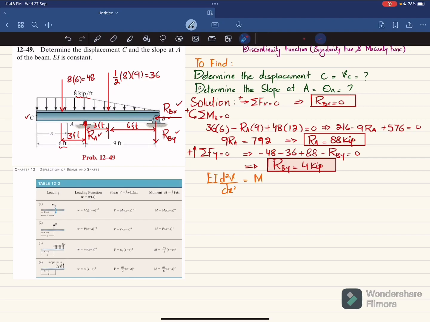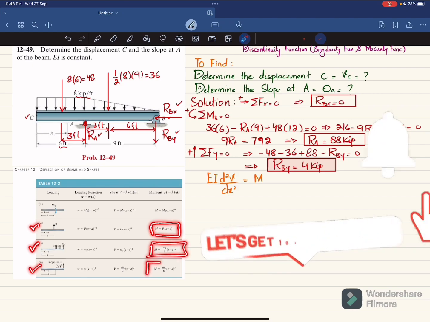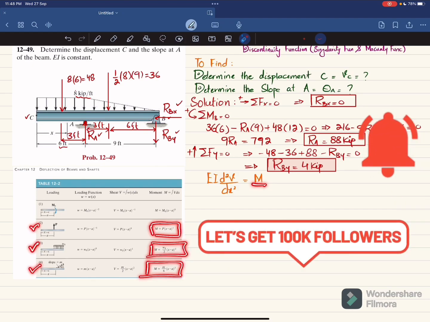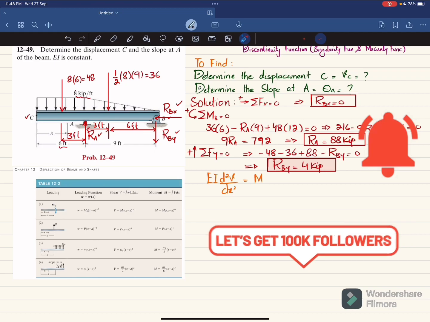You can see that this beam has a uniformly distributed load, then a triangular load, then a point load. So it's a mixture of all the loads, and you can see the table below having point load, distributed load, and triangular load and their moment functions. For this beam, we will calculate M by using these moment functions.